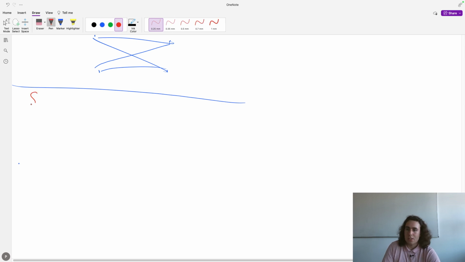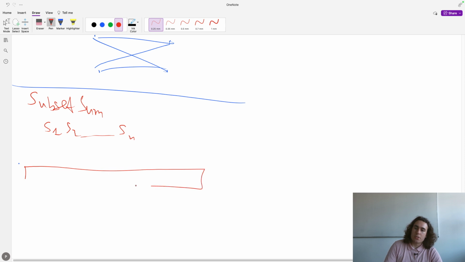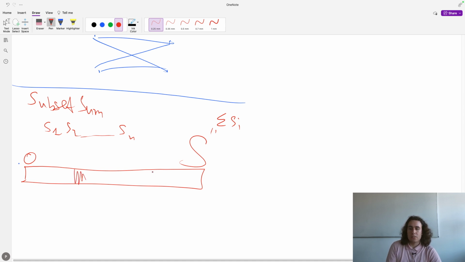So the first one is called subset sum. Basically, you have a bunch of elements, s1, s2, and so on, sn. And you're trying to solve knapsack, but knapsack without costs. So basically, you want to know for every value from 0 to S, where S is the sum of these si's, whether it's possible to get it as a sum of some subset of these values.